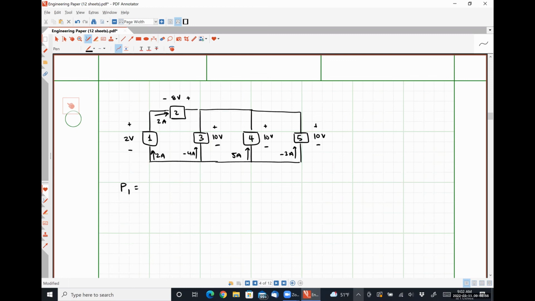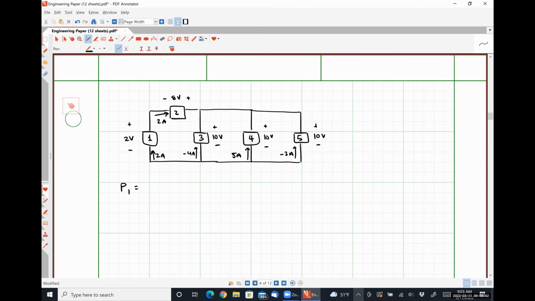So for element 1, the current of 2 amps, is it flowing into the negative polarity terminal or the positive polarity terminal? Yeah, for element 1. It's flowing into the negative polarity terminal, okay? So because the current is flowing into the negative polarity terminal, what is the power that's going to be absorbed? So I believe it'll be -4 watts.